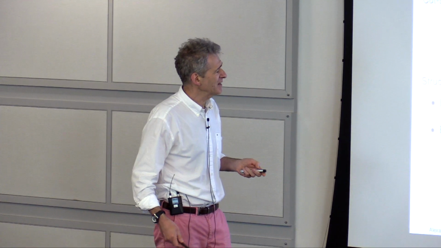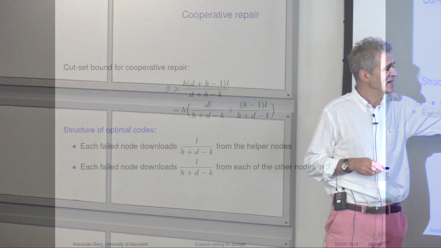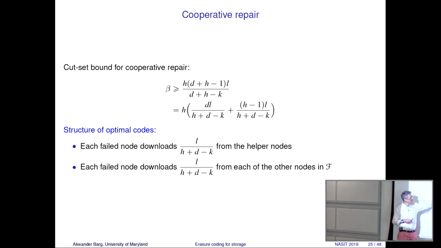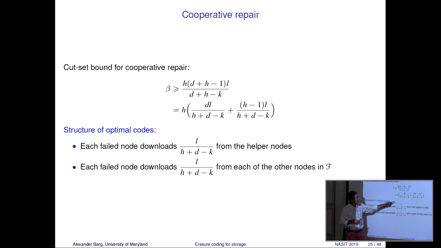So we say that this is the cut set bound, and this cut set bound provides us the structure. So H is 2 in that picture, right? This is the formula. We break the formula into 2 components. Each failed node downloads that amount of information from each of the helper nodes, right?